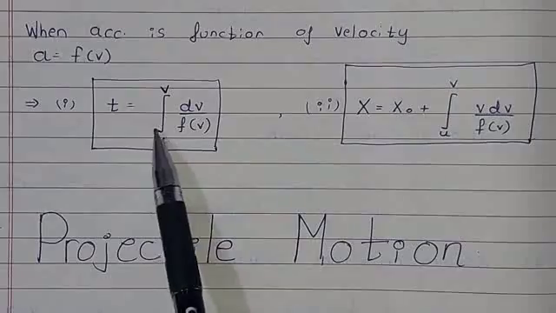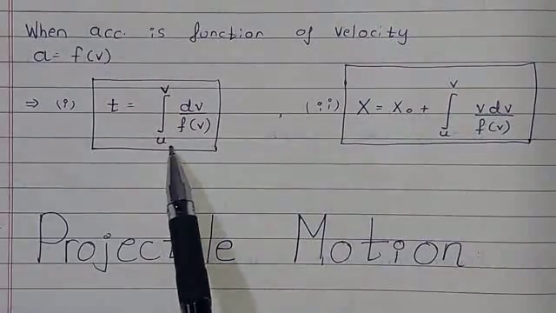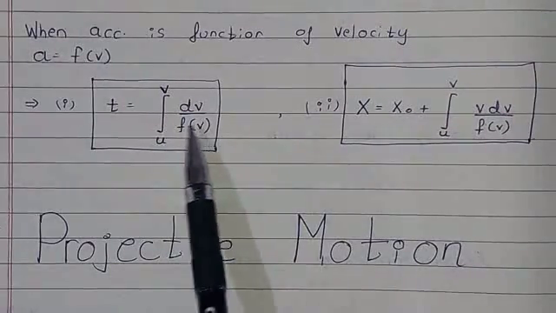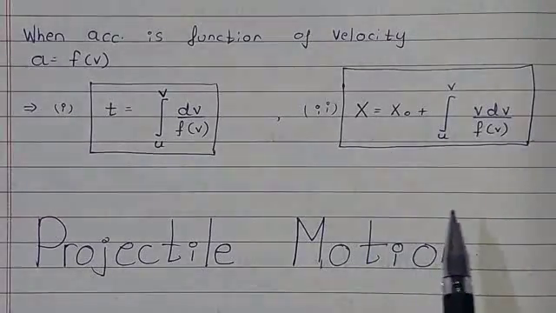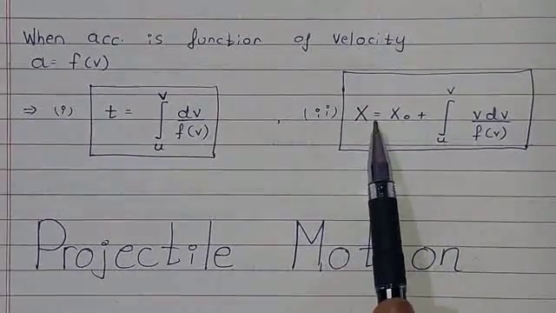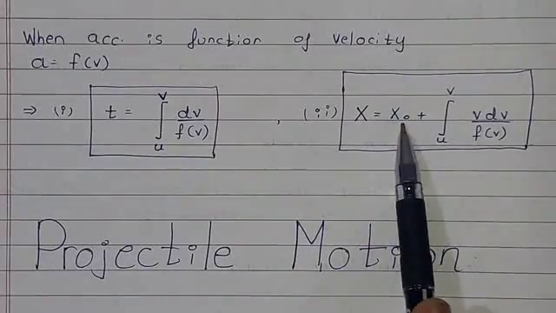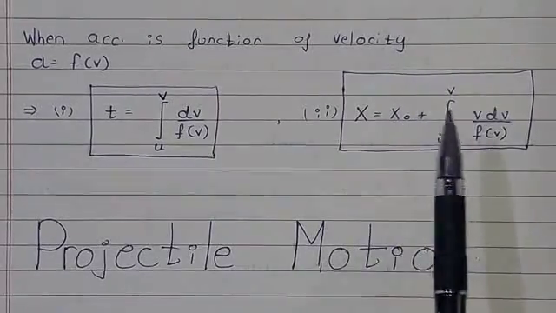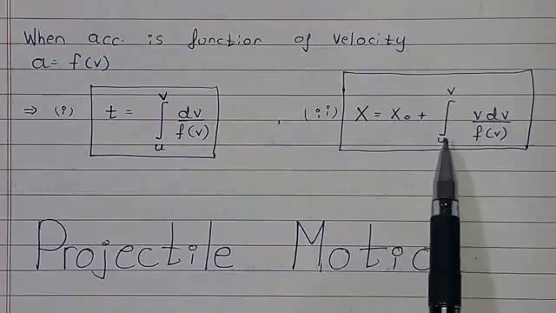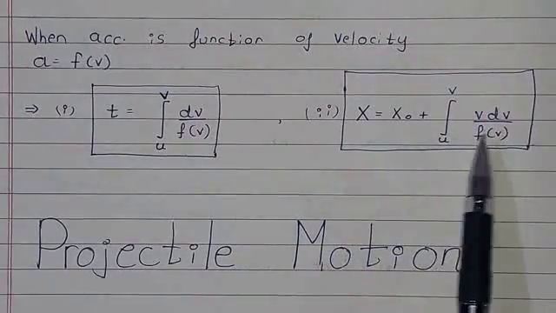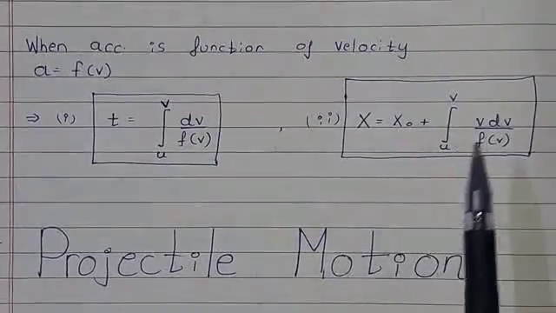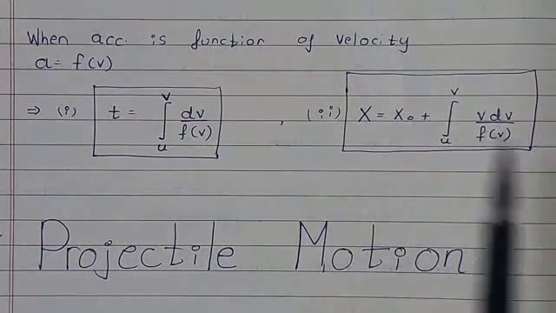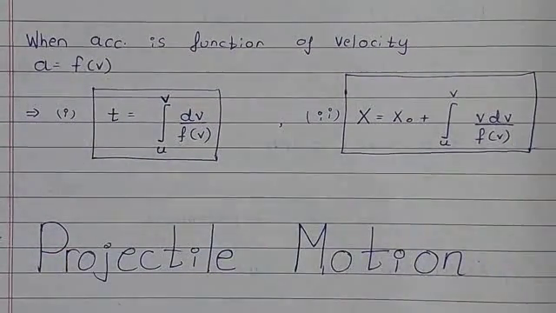Okay, time equals the integral from initial to final velocity of 1 upon f(v) dv. The next formula is x equals x naught, where x is the displacement and x naught is the initial displacement. x equals x naught plus the integral ranging from u to v of v upon f(v) dv, where f(v) is the function of velocity, or we can say f is the acceleration, a equals f(v), as you can see right here.